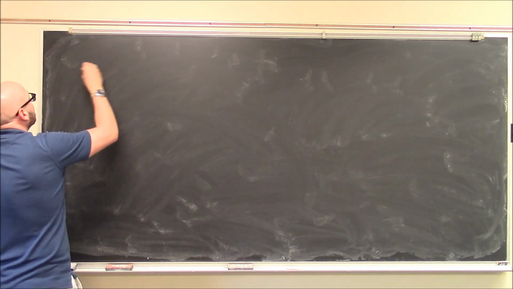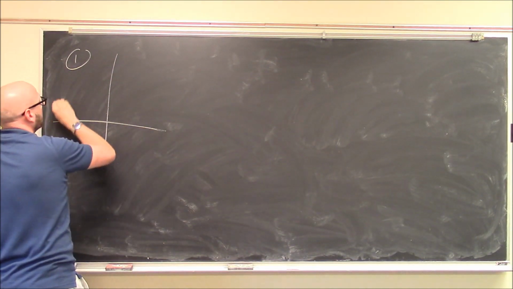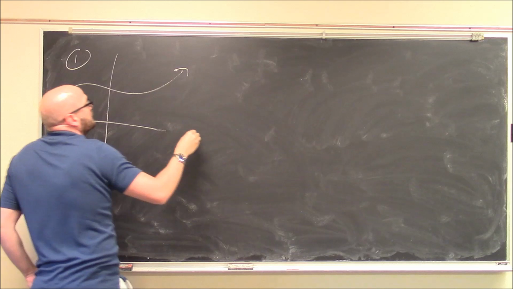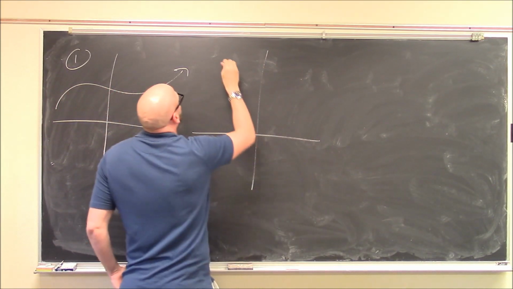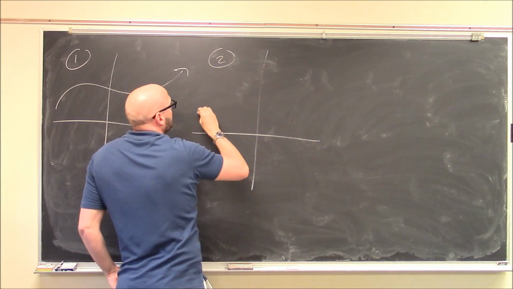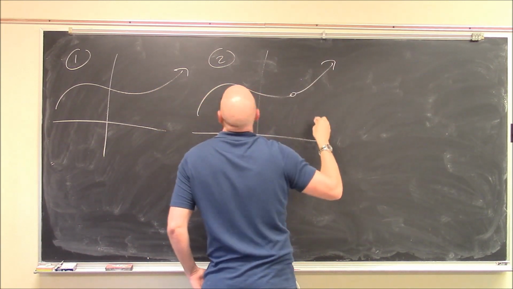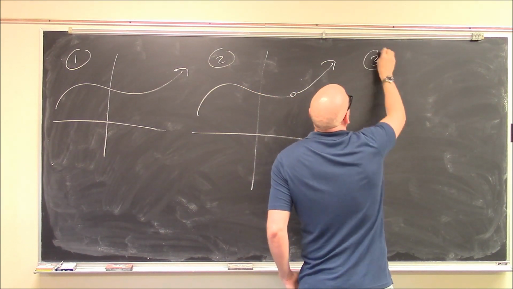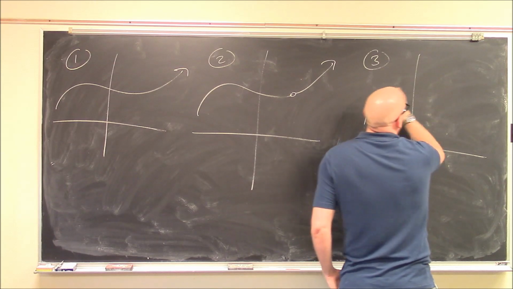All right, so just to be completely clear, here's three functions I'll draw. Here's a nice function. Here's number 2. Basically the exact same function, but I'll put a hole in it right there. And number 3, basically the exact same function.